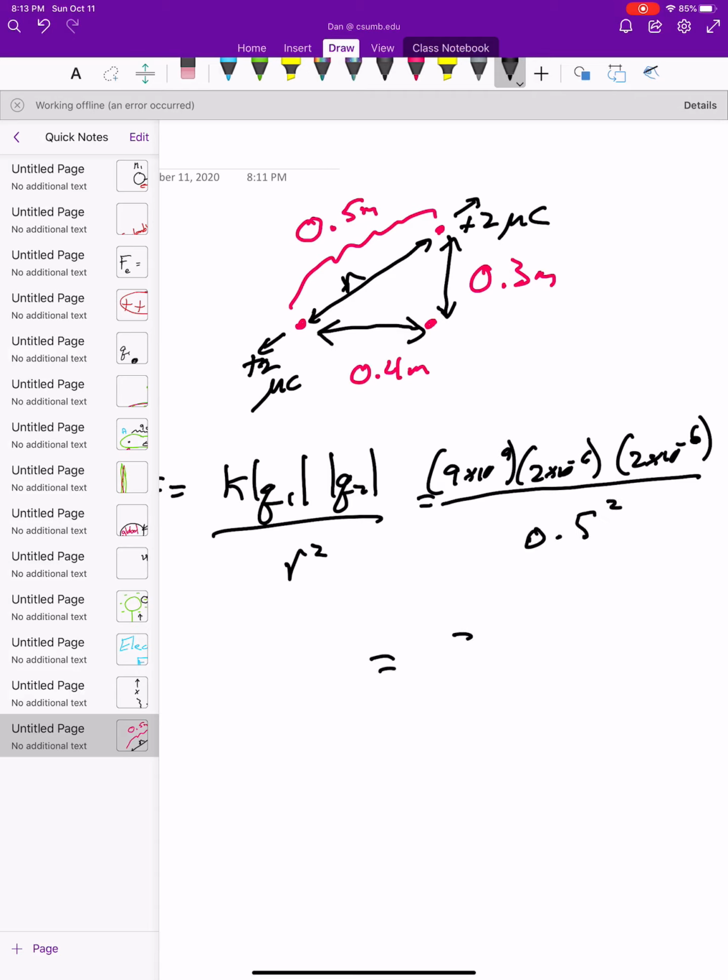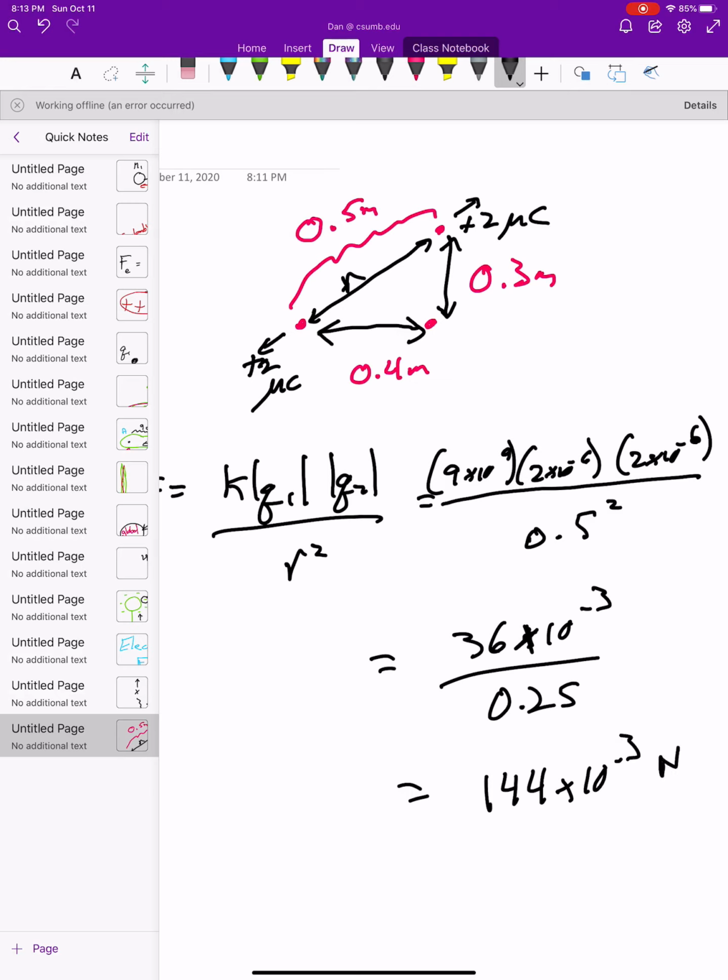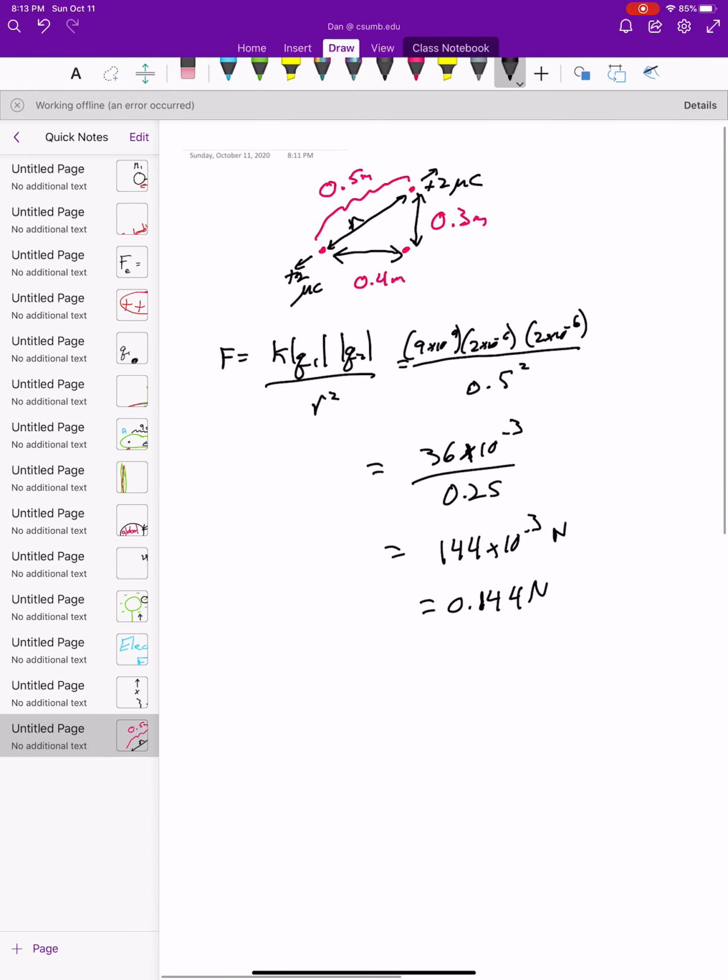That gives me 36 times 10 to the minus 3 divided by 0.25, which becomes 144 times 10 to the minus 3 newtons, or 0.144 newtons. Hope I got that right. All right, so that's what the size of the force is here.